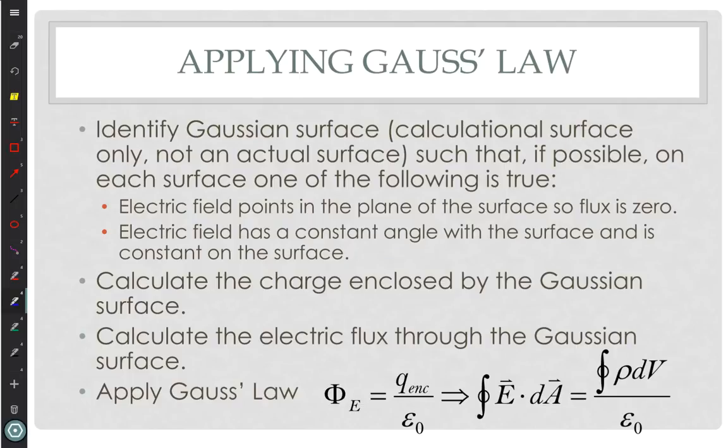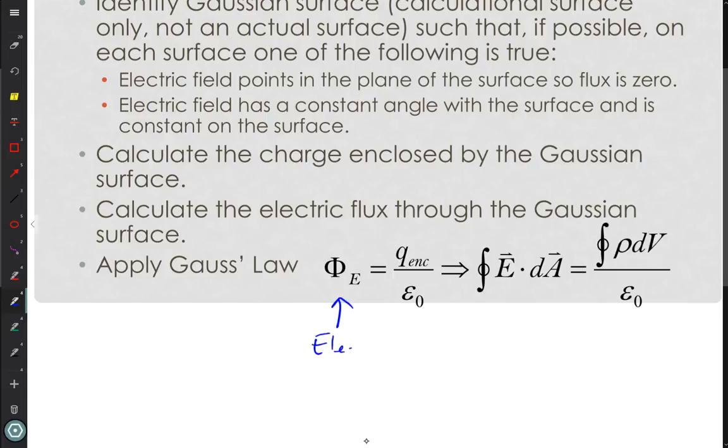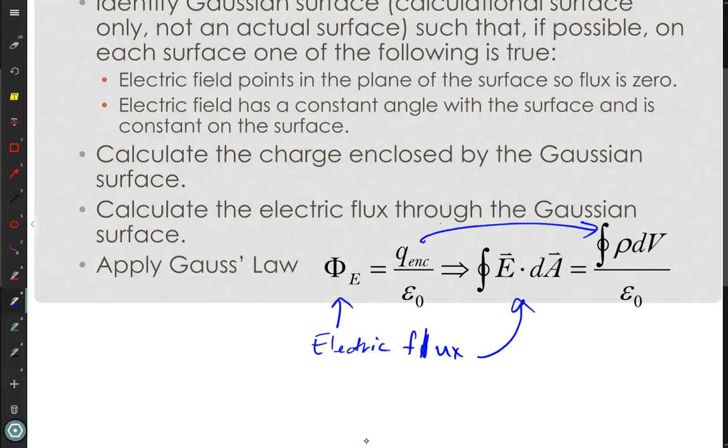And then you apply Gauss's law, which sets the two equal to each other. So I wrote Gauss's law two times here. This is the electric flux, and this is how you calculate the electric flux. And of course, on the other side, the charge enclosed.